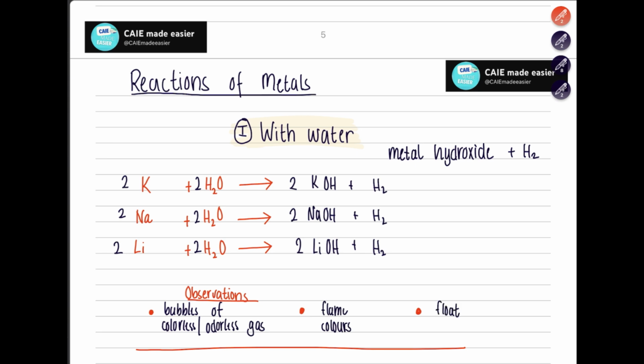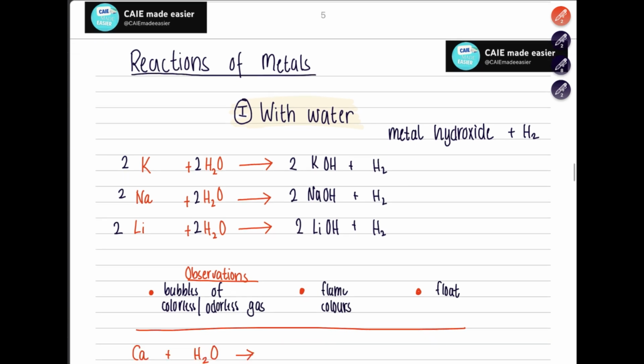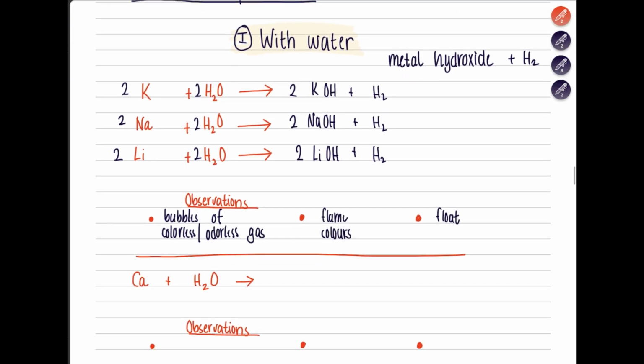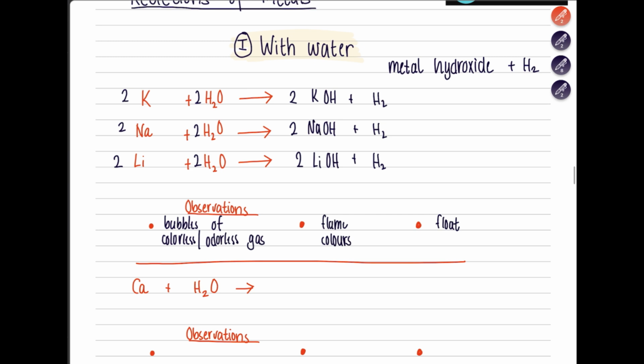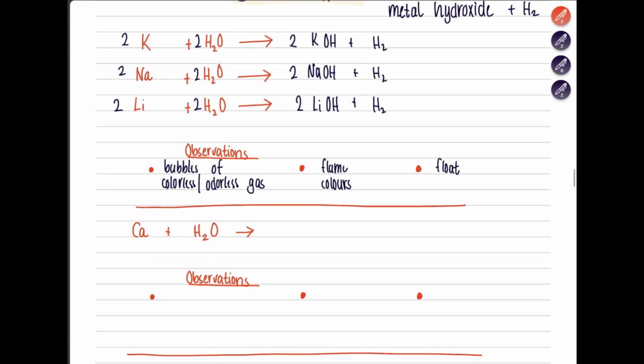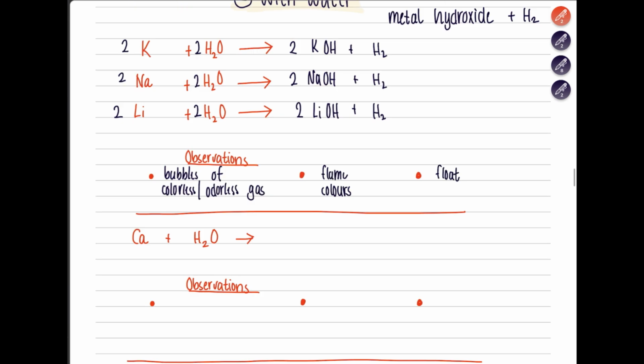Now, what about calcium? What happens when calcium is mixed with water? Again, we get a hydroxide and hydrogen only. So what do you get? We get calcium hydroxide and hydrogen, with 2 water molecules. What are the observations? We have no flame colors this time.